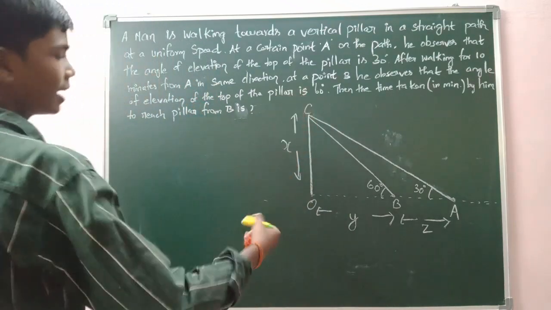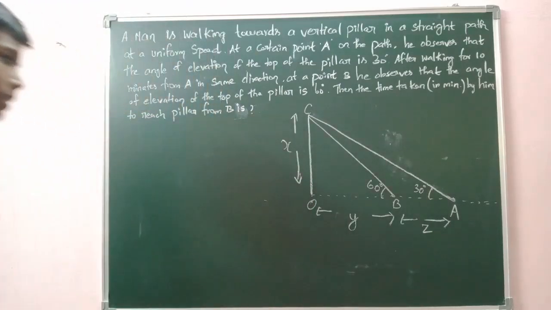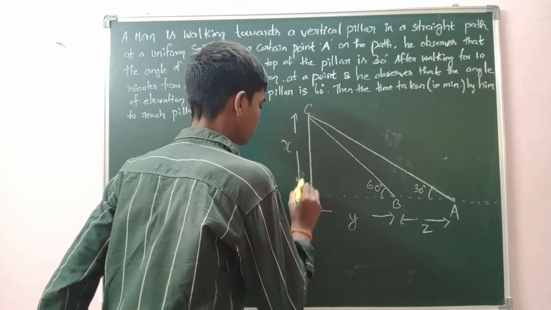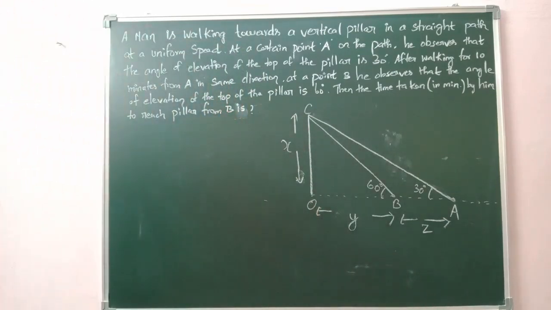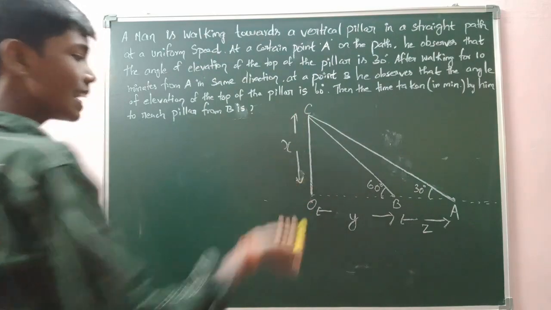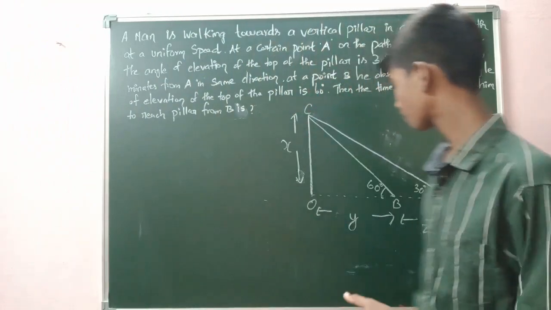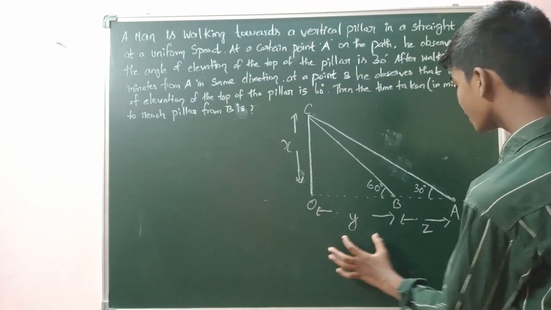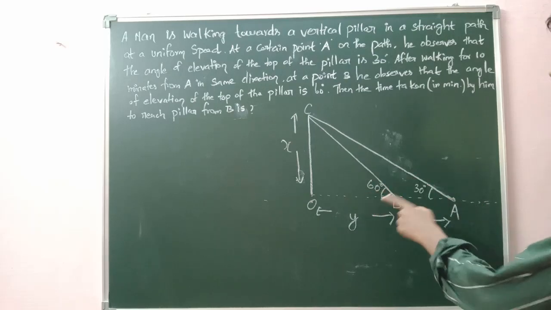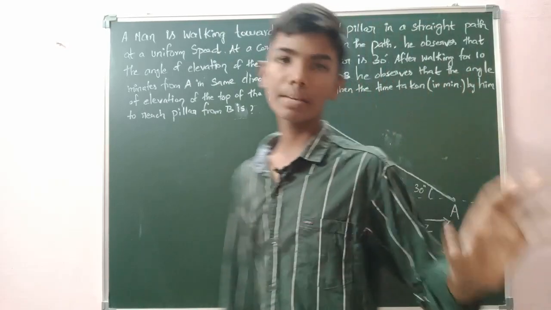So the height of the tower, this is the tower, is X. OB I am naming as Y, and AB I am naming as Z. From A to B is where the angle of elevation changes from 30 to 60 degrees. That is the naming I am doing here.